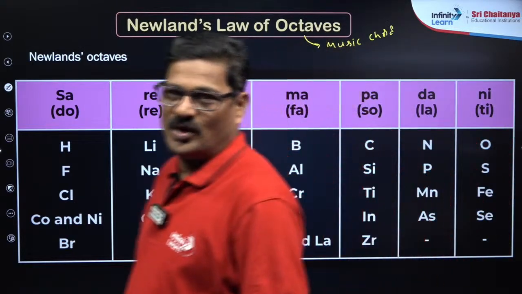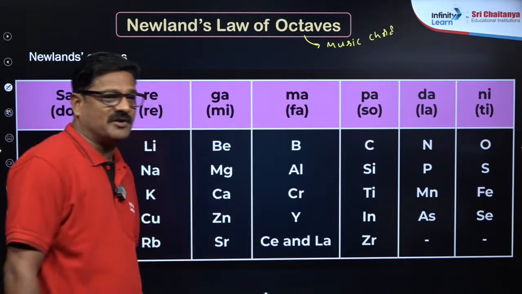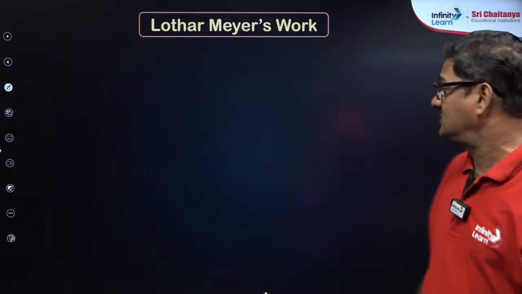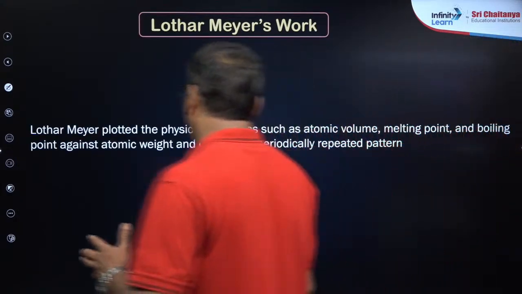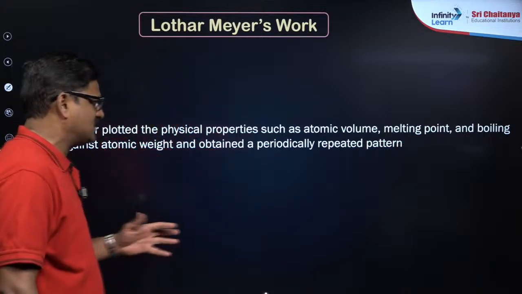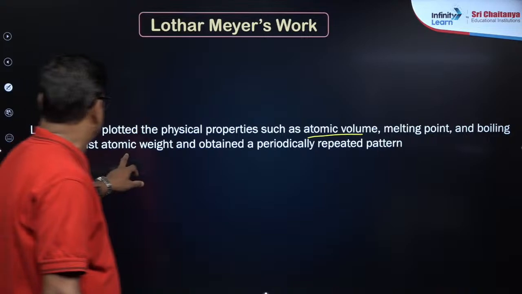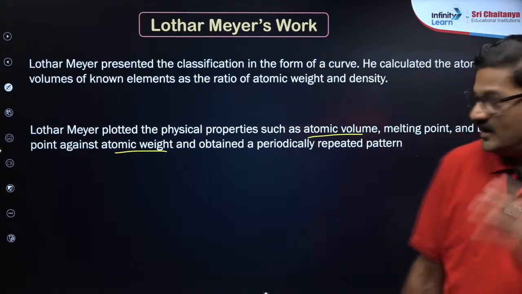Okay, moving ahead. After that, a very good interpretation was given by the Lothar-Meyer atomic volume curves. Lothar-Meyer plotted physical properties such as atomic volume, melting point, and boiling point against atomic weight. So let us talk about atomic volume and atomic weight.